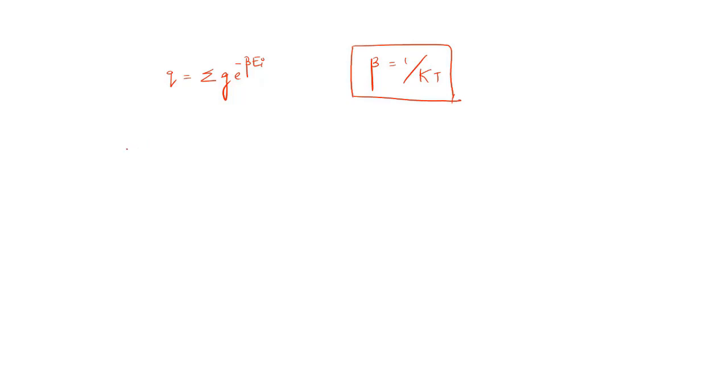Now when J is equal to 0, the g value for the rotational partition function is 2J plus 1, which is 2 into 0 plus 1, equal to 1. Ei will be equal to BJ into J plus 1, that is B into 0 plus 1, which is 0.